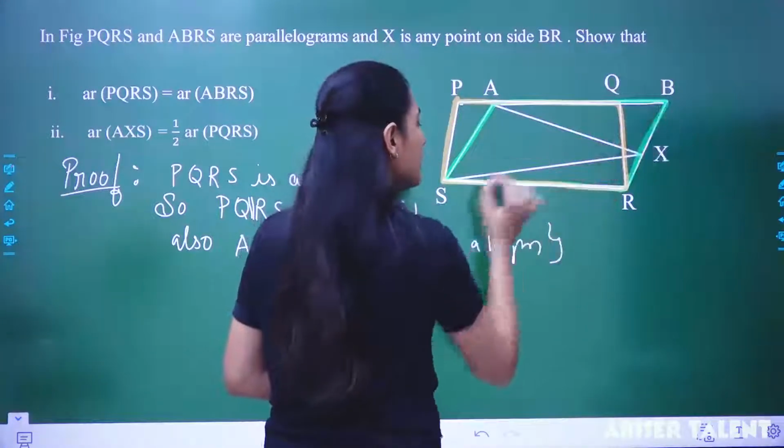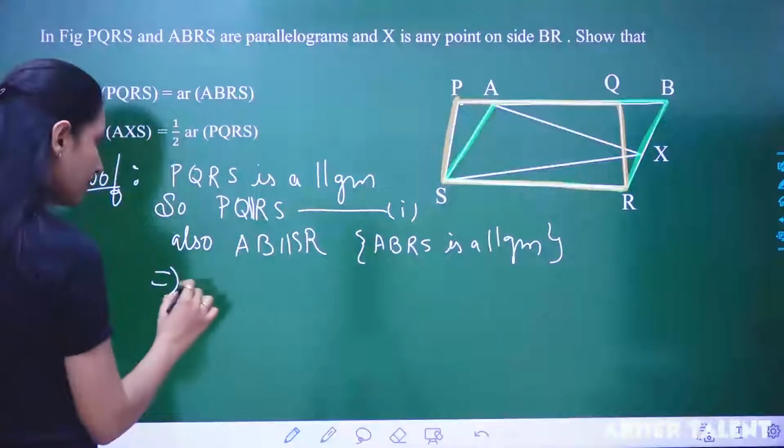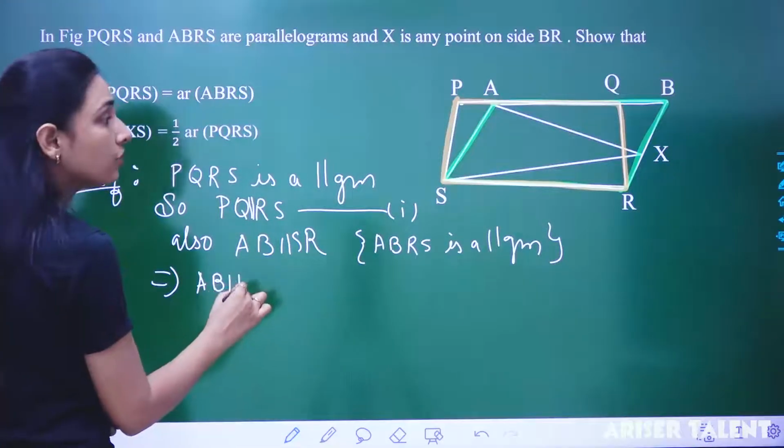That means AB is parallel to SR. This implies that AB is parallel to SR.